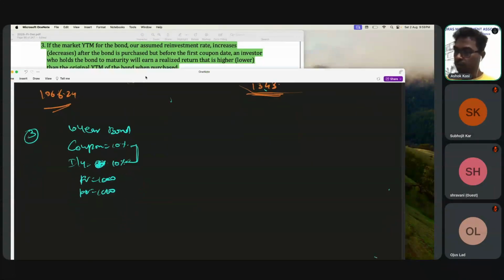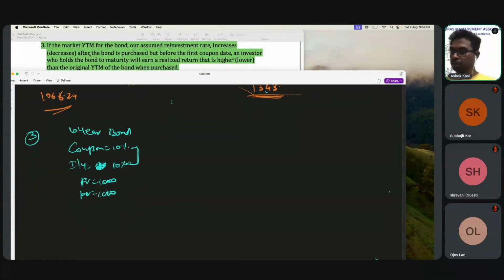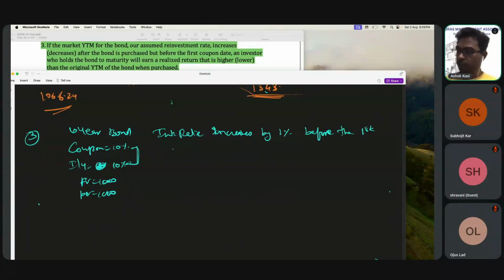Oh no, third one I'm doing, right? Not the fourth one, third one. If the market, our assumed reinvestment rate, increases after the bond is purchased, so interest rate increases by 1% before the first coupon date, what will be the realized return?